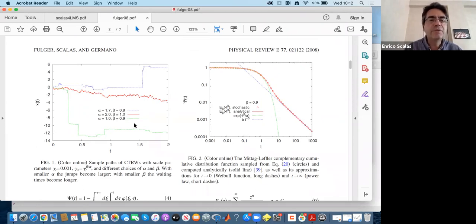And the jumps are distributed according to another distribution, which is called the alpha stable distribution. And again, jumps and waiting times are independent from each other. So there is no dependence, even if we start with the formalism that allows dependence. So you look at this picture, which I am now magnifying.